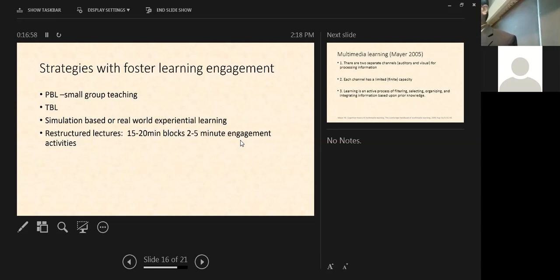So instead, keep it in manageable chunks of 15 to 20 minutes. That gives students a chance for their attention to redevelop. When you give them a brain break, their attention will be restored, and they can give another 15 minutes. So that's something faculty can do.